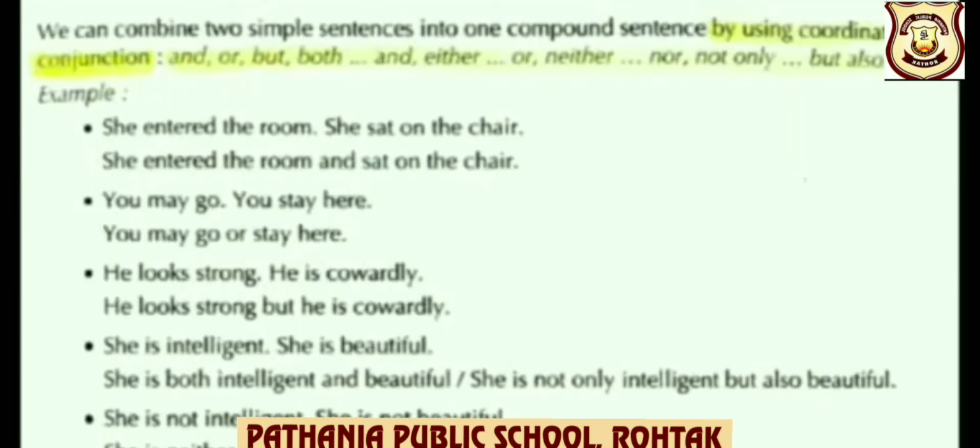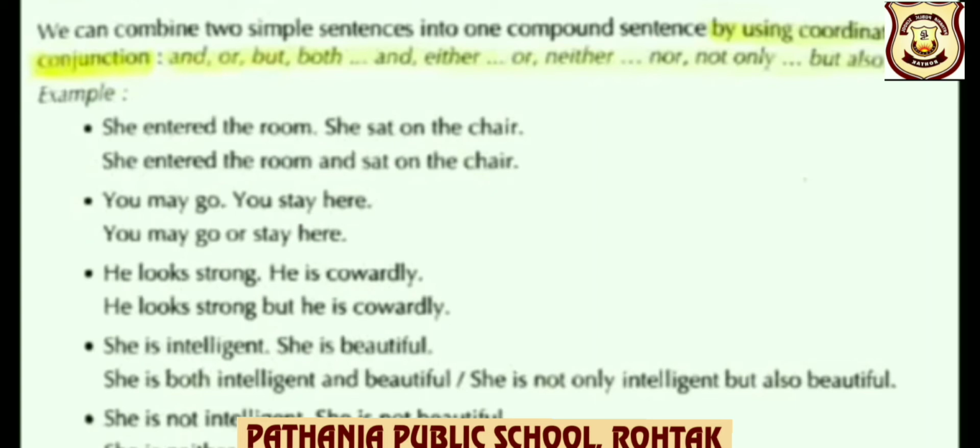Now let us learn how can we combine two simple sentences into one compound sentence. While doing so, children, we have to take care that the sense or meaning of the two simple sentences and the compound sentence we are framing should remain the same.